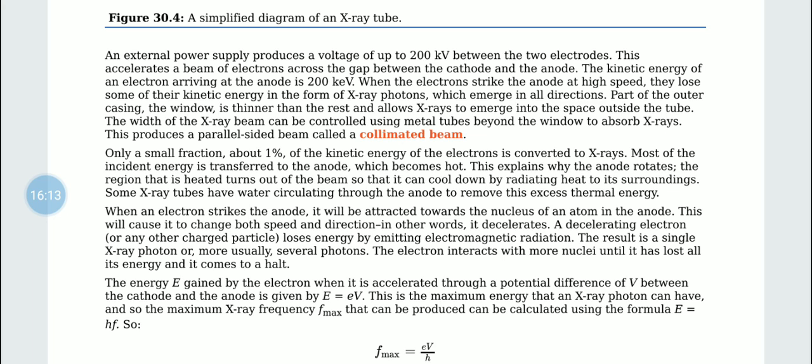Leave a line and write, the energy gained by an electron when it is accelerated through a potential difference of V between the cathode and anode is given by E equals eV, which is going to be the maximum energy that an X-ray photon can have.